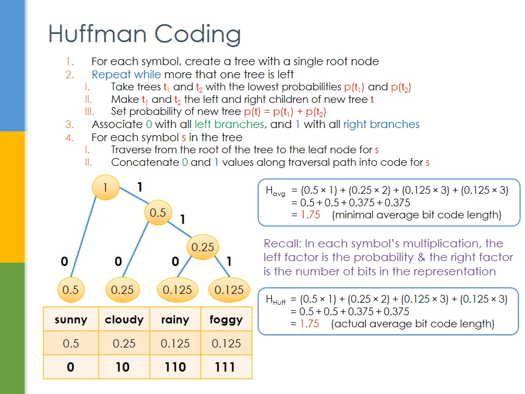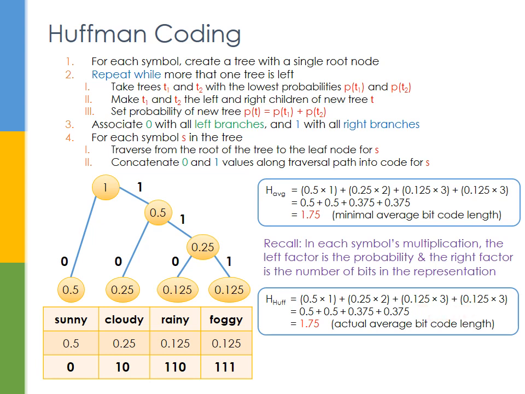So for Sunny, we multiply its probability of 0.5 with the number of bits for Sunny's code. In other words, there's 1 bit used in that code, so we have 0.5 multiplied by 1. For Cloudy, we multiply its probability, 0.25, with the number of bits for its code, which is 2, so we have 0.25 multiplied by 2, and we do the same for Rainy and Foggy, which you can see in these 2 multiplications over here.